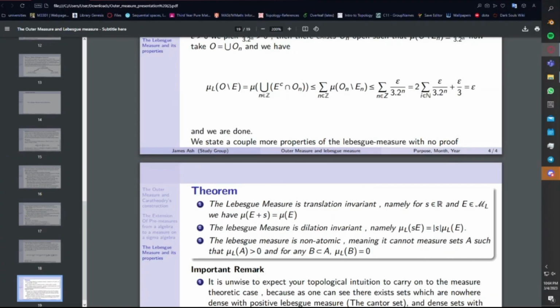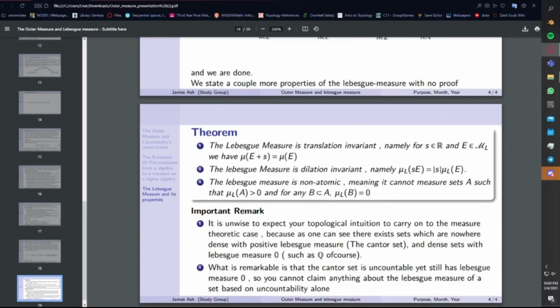And the last one is very interesting, because there's a problem I solved in Folland, I think problem 33, which is not an easy problem. I asked someone about it, and they told me that the reason this is an important property is that the Lebesgue measure is non-atomic. Non-atomic just means there are no sets with positive measure such that every subset of it has measure 0.